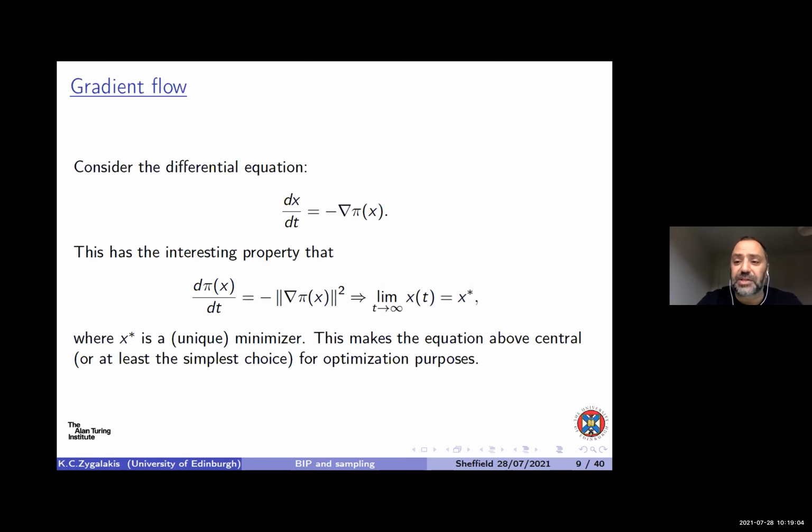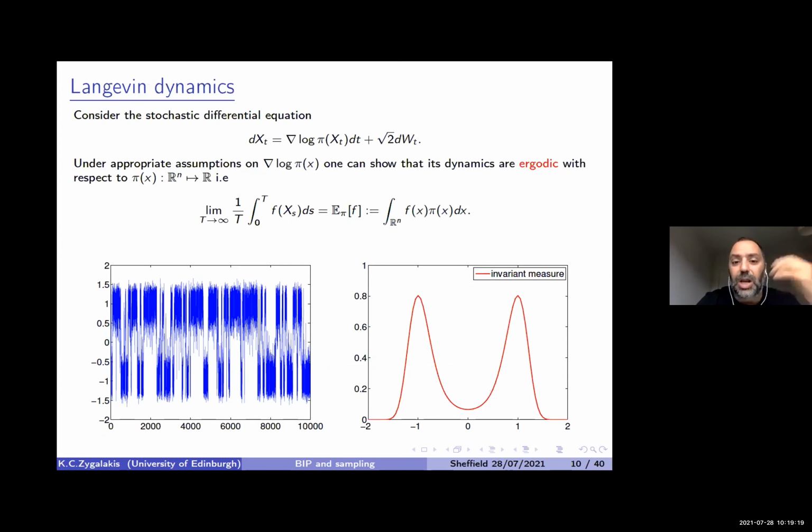The first device is an ordinary differential equation. If I run it for long enough, it would converge. If I would solve it analytically and run it to infinity, it would give me the minimizer of my function. Likewise, if I was able to solve this stochastic differential equation to infinity and calculate the spatial average, it would basically give me the quantity of interest.